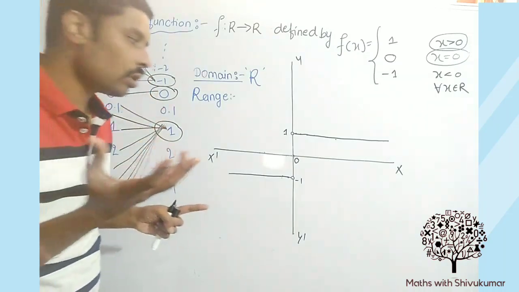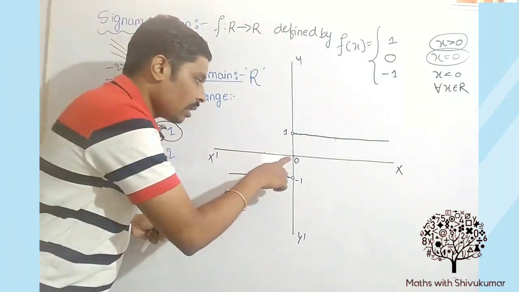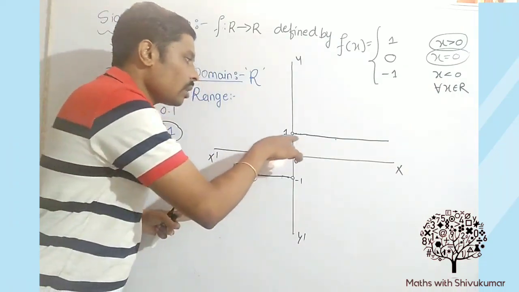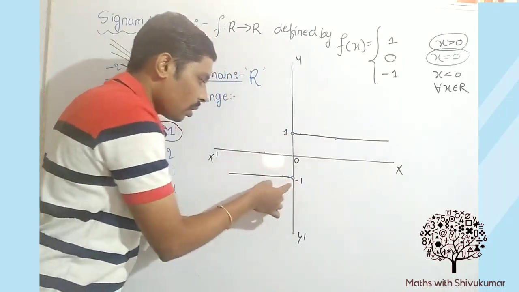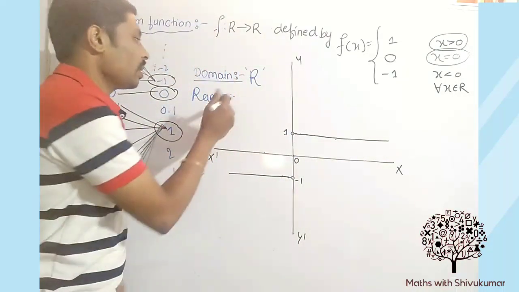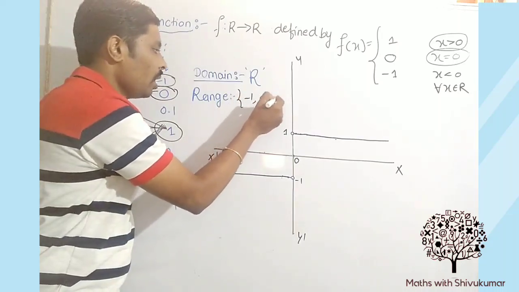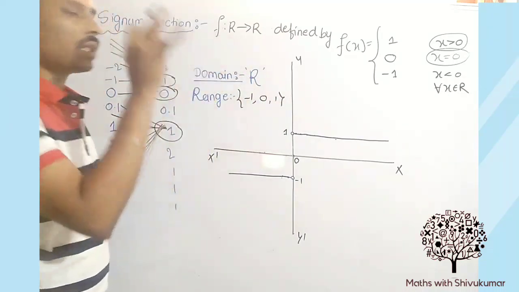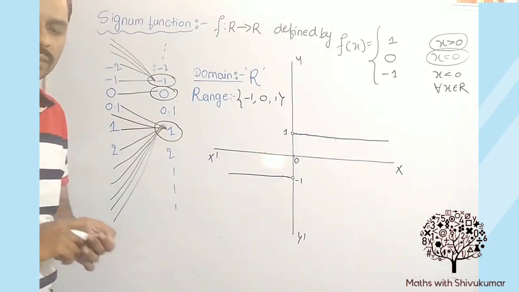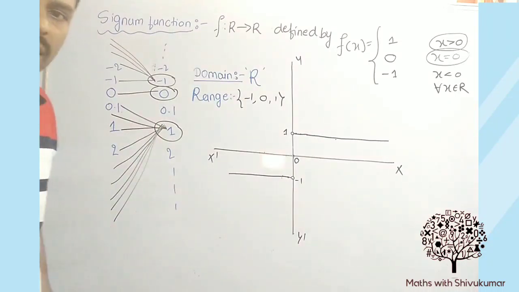On the graph also you can observe. You are getting 0 or 1 or -1. So what is the range? -1, 0, 1, because only 3 numbers are coming. Is it clear, dear students?